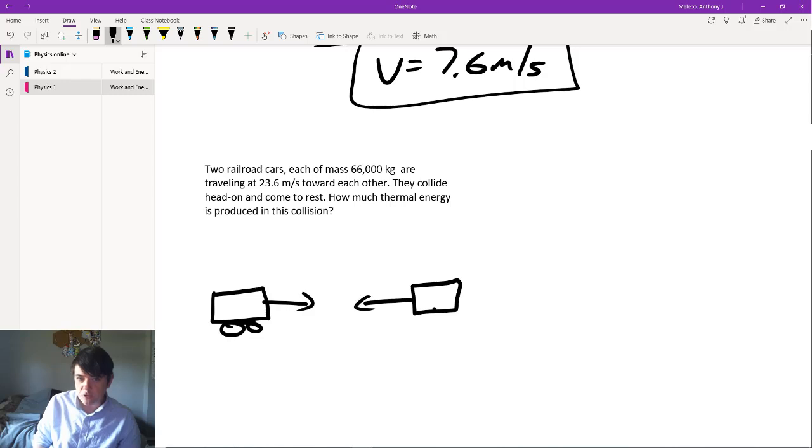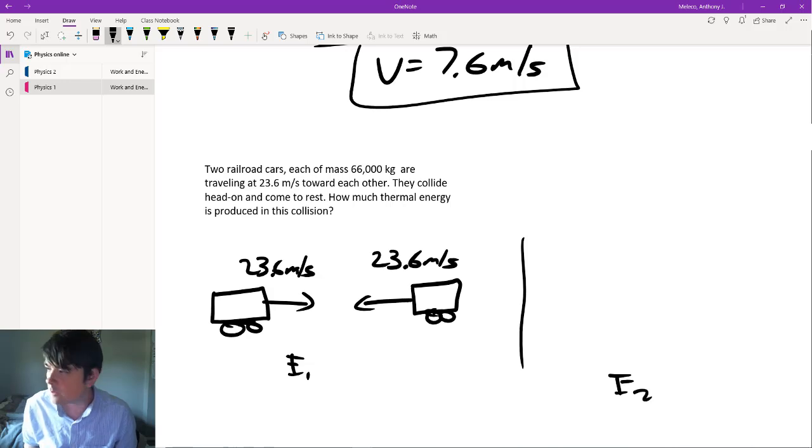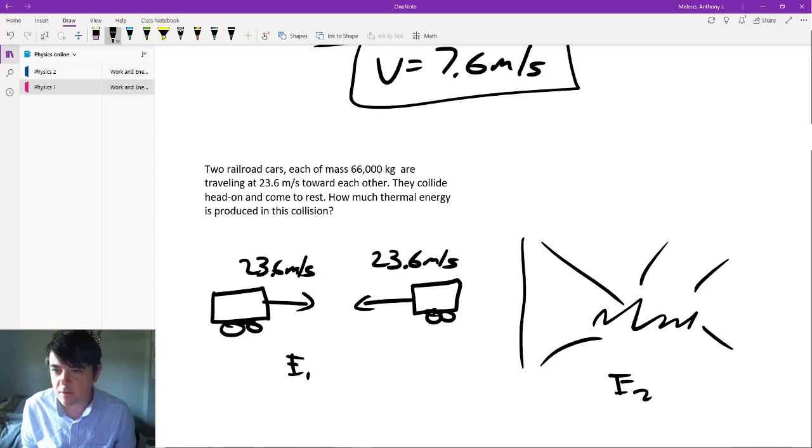But if we go ahead and draw this, we got 23.6, 23.6, and they're going to come together. So this is E1. And then E2, they're going to collide and release thermal energy.